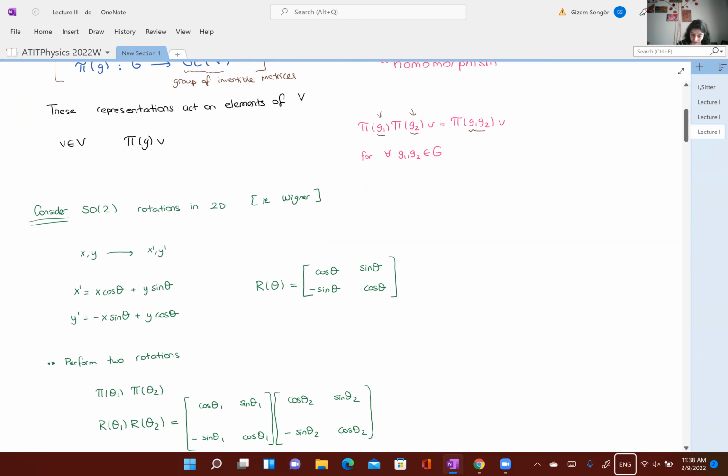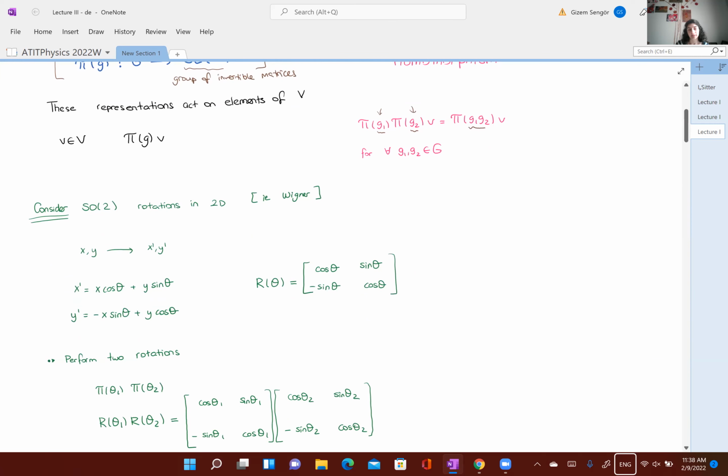Now let's consider an explicit example, and this has sort of become the theme of this lecture series. We always do things in 2D because it's simpler. This might also be a good point to keep in mind even in active research.